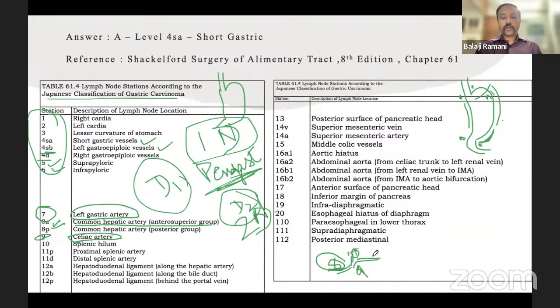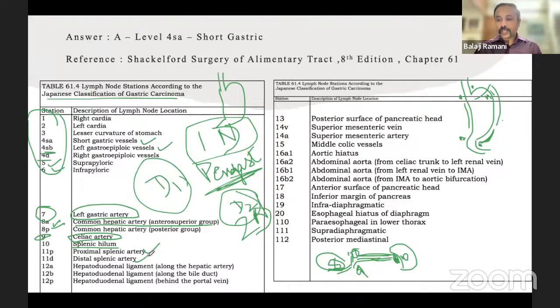Then you have your 10 and 11. Here you have the spleen. 10 is going to be in the splenic hilum, so whatever is here in the splenic hilum will be your level 10. Then you have your splenic artery, which will be divided into proximal and distal, your proximal splenic and your distal splenic.